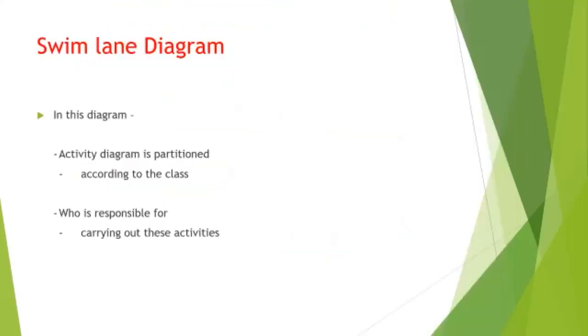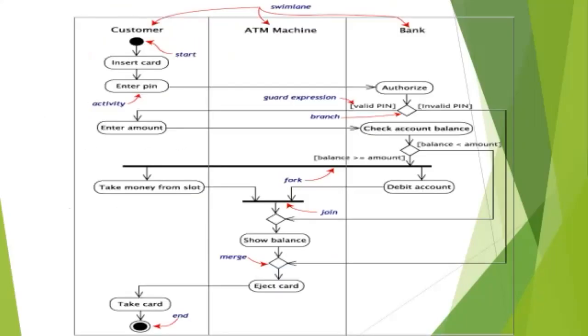Swim lane diagram. In this diagram, the activity diagram is partitioned according to the class. Who is responsible for carrying out these activities? The swim lane diagram is the same as the activity diagram, but here we have to mention the name or the authority, that means who performs these activity operations.